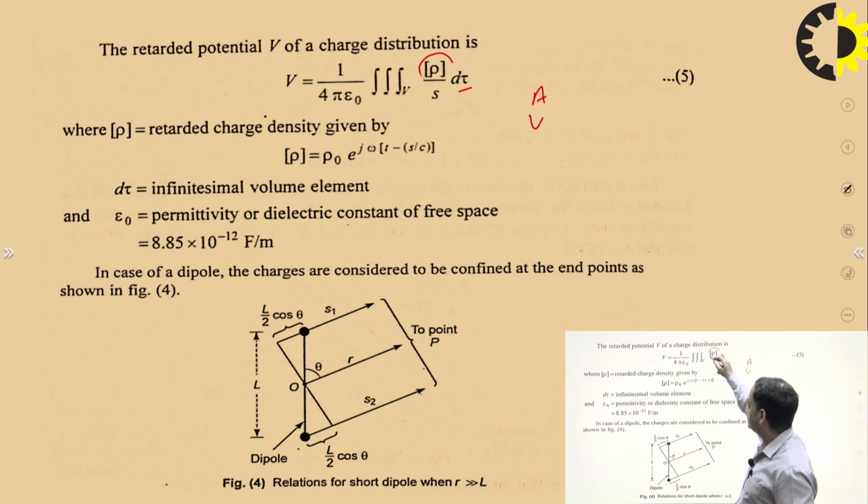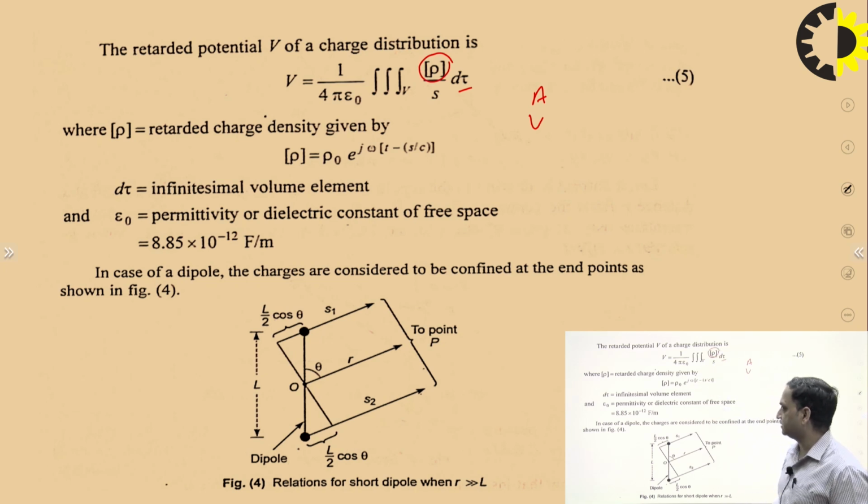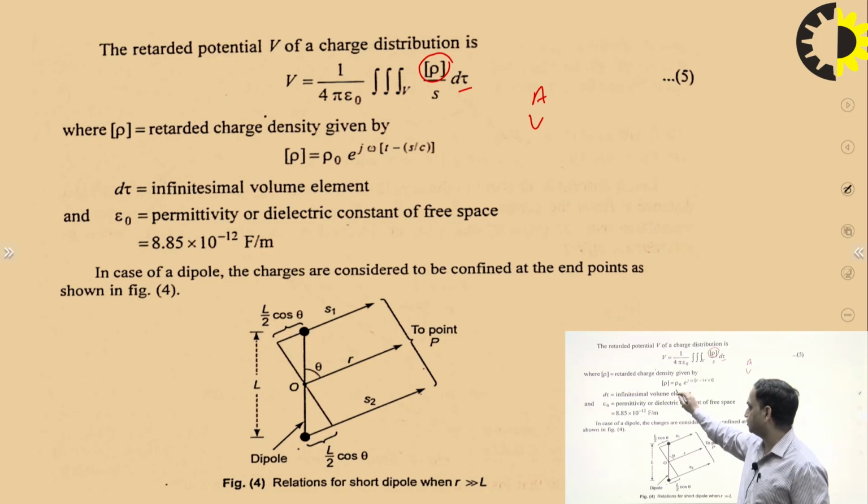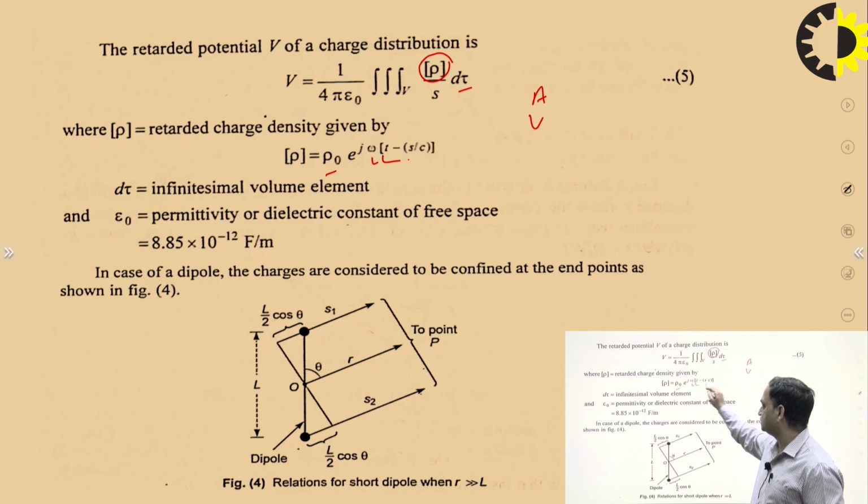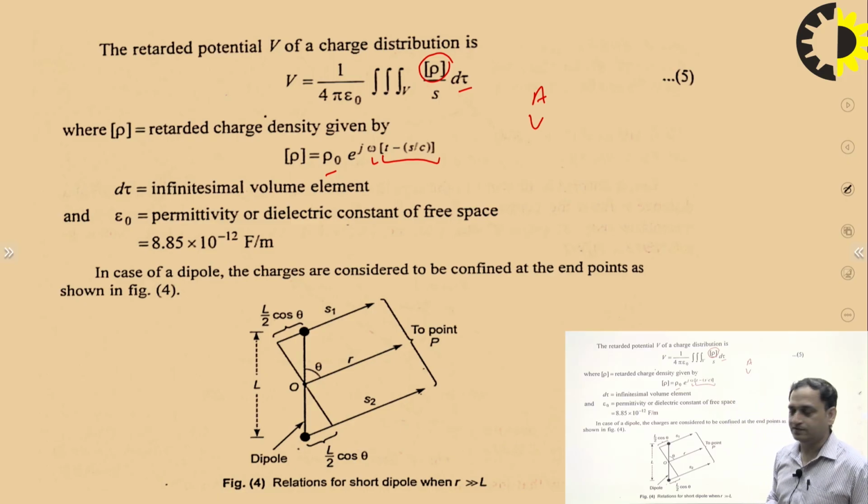Again we can represent the retarded charge density as rho equal to rho naught e to the power j omega t, and in place of t we use t minus s upon c. As I said, r and s are the same for the far distance. In this way we can represent that.